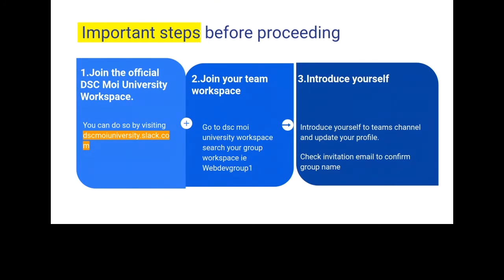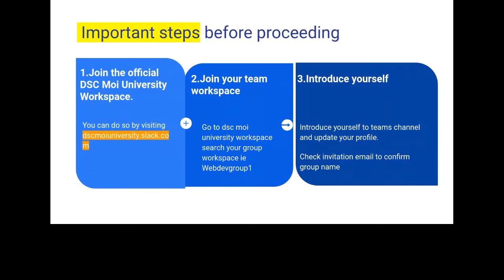So any trouble with accessing the DSC Mo University workspace, please contact me, contact our team. Reply to the previous mail, and somebody will get back to you as soon as possible.